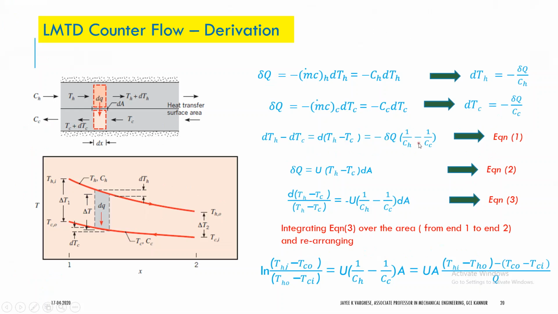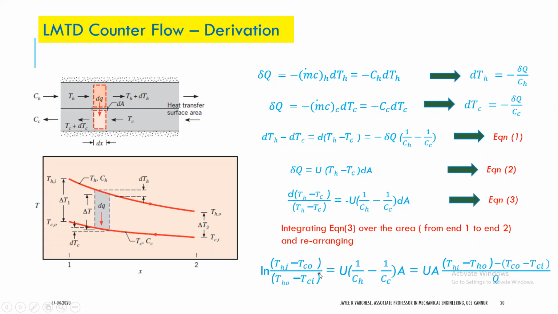Okay, this is 1 by ch minus 1 by cc. So d of th minus tc divided by th minus tc equal to minus of u into 1 by ch minus 1 by cc dA. Now we need to integrate this.